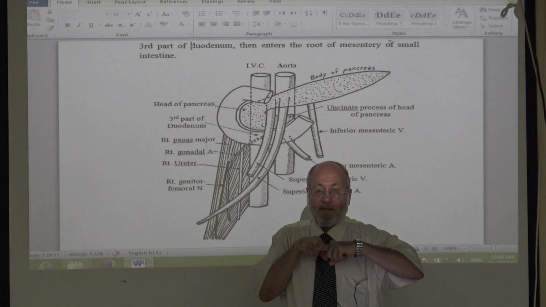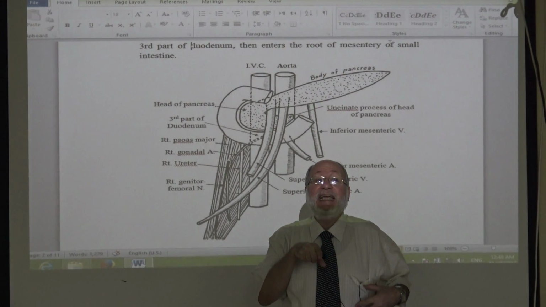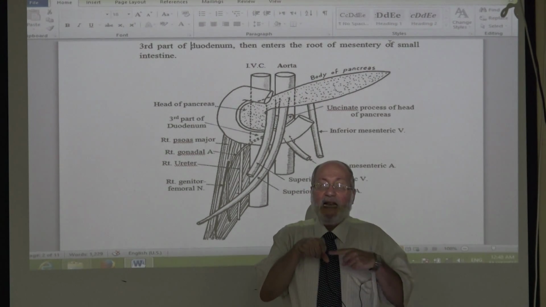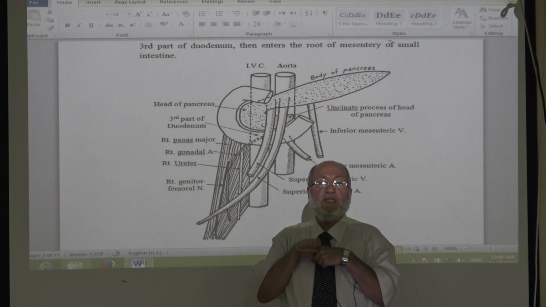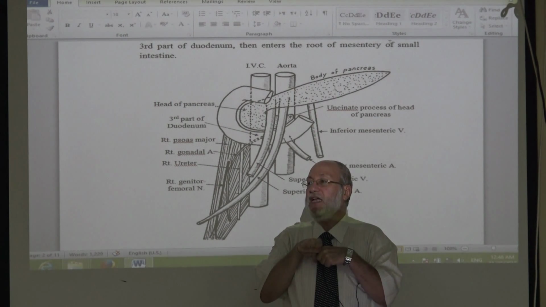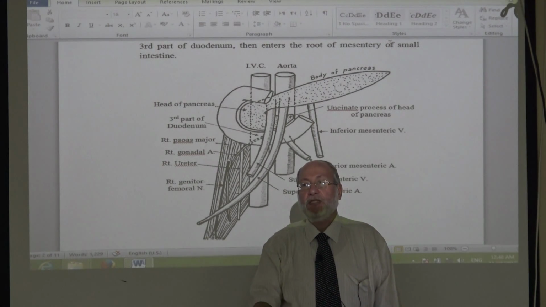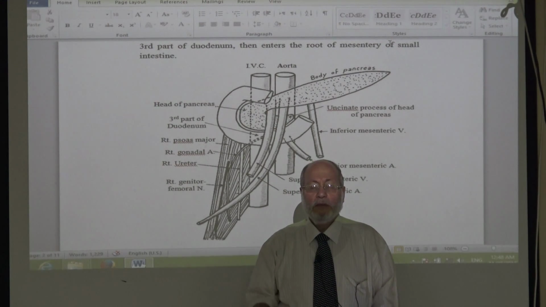This vein from the left kidney, the left renal vein, passes from left to drain on the right side into the inferior vena cava. This is an important event in surgery. Why?